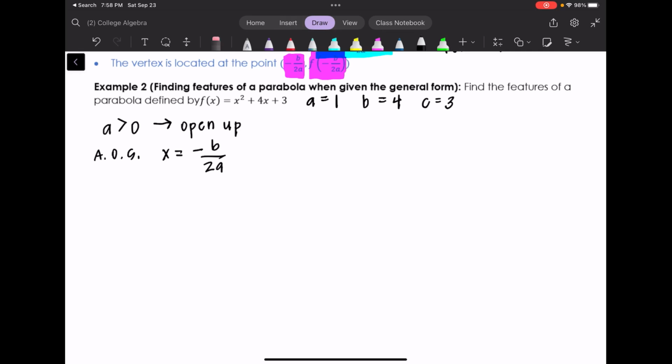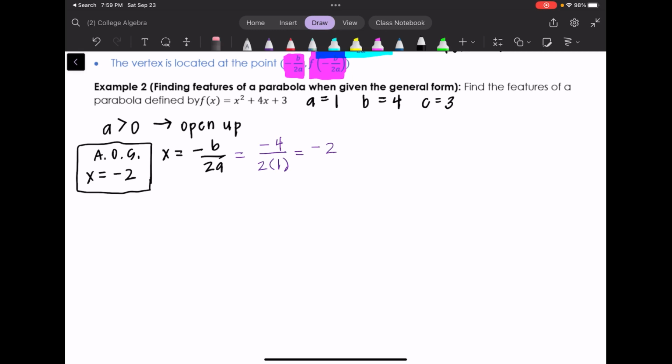We're just going to plug in what we have here. So we'll have negative 4 divided by 2 times 1, which is negative 4 divided by 2, which is just negative 2. And so the axis of symmetry here is going to be x equals negative 2.